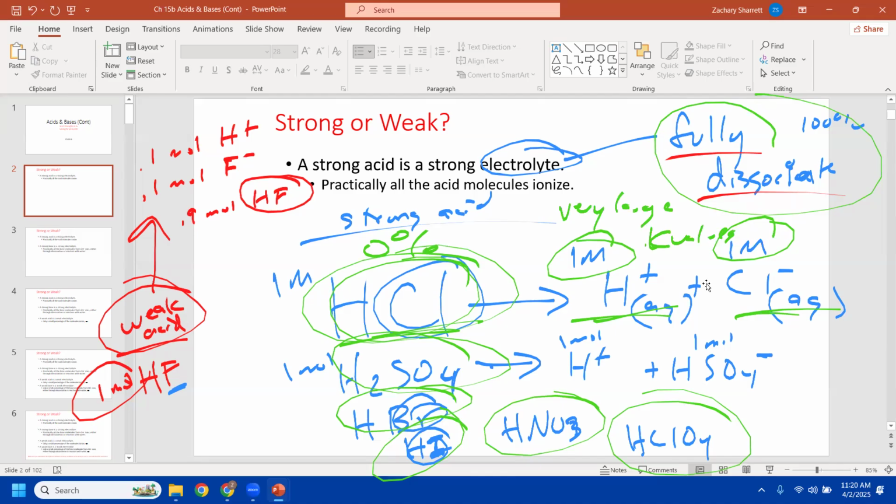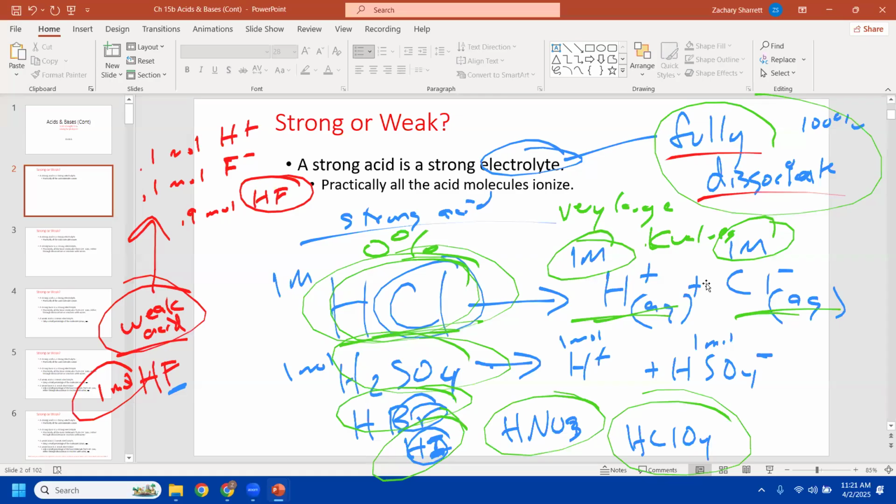If I ask you acetic acid, strong or weak acid, what would you say, Justice? Is acetic acid one of these 6 strong acids that I circled? Yes or no?